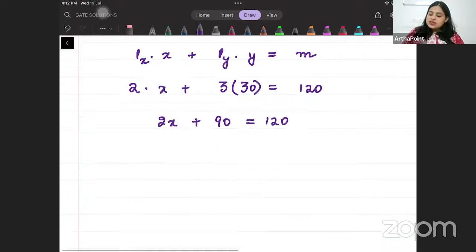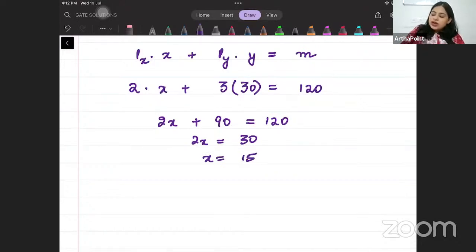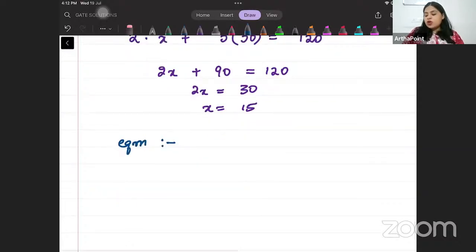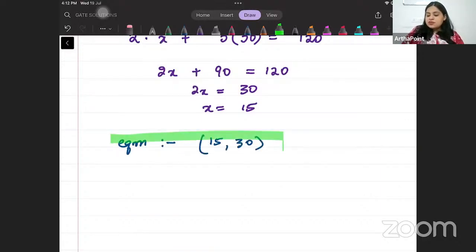So 2X is 30. So X is 15. So the equilibrium that I reach, the final solution, is (15, 30).